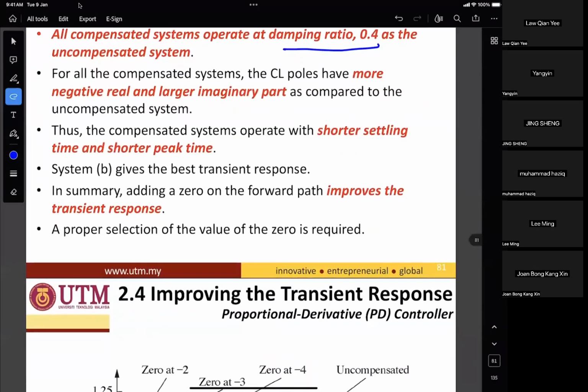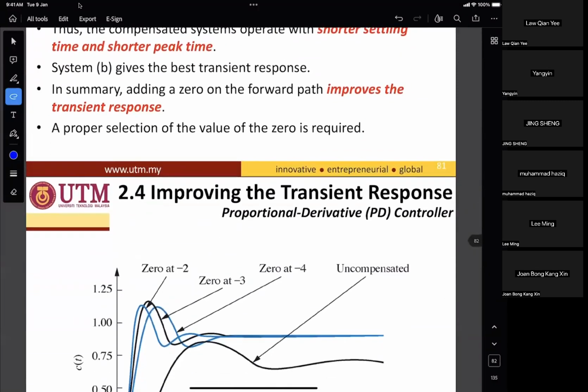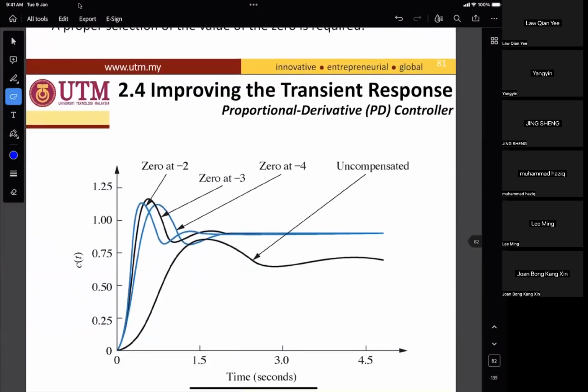A proper selection of the value of the zero is required. This one is before the PD controller. This one we try adding 3 types of zeros, and it seems that minus 2 is the best, compared to minus 3 and minus 4.